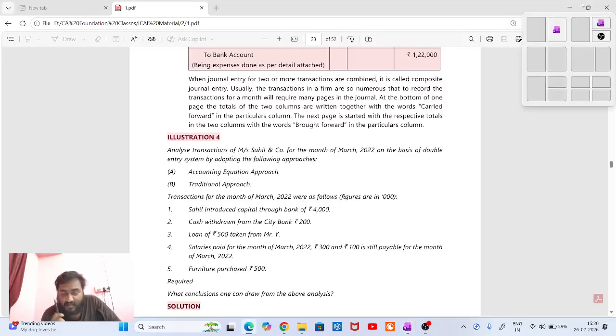Salary is paid for the month of March, 300 rupees, and 100 rupees is still payable for the month of March 2022, right?